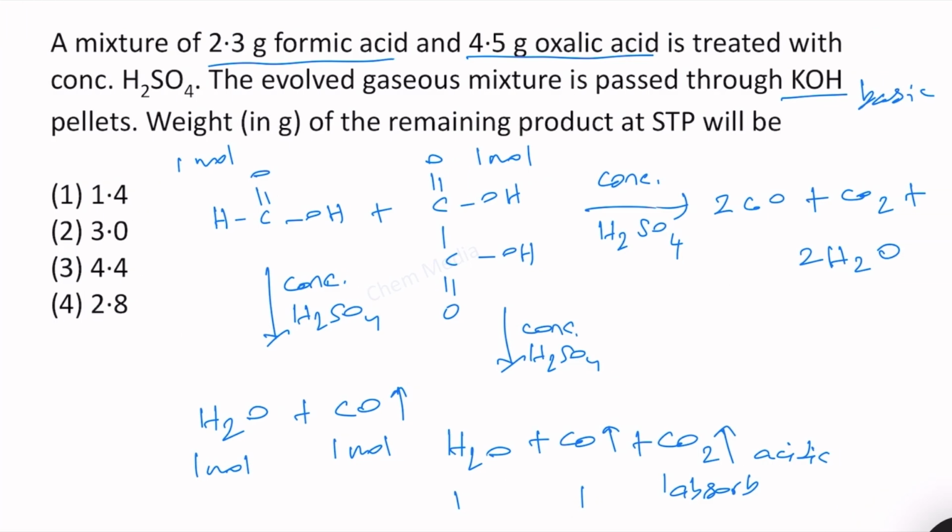Now, 1 mole of formic acid can give only 1 mole of carbon monoxide. That means 0.05 mole of formic acid can give 0.05 mole of carbon monoxide.